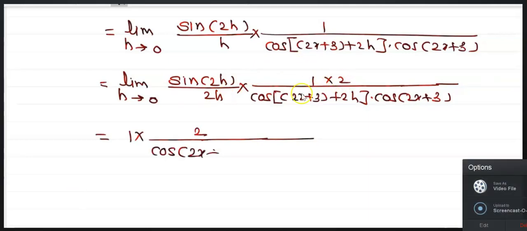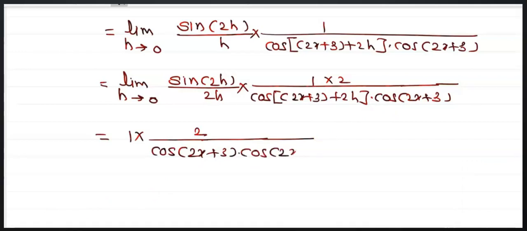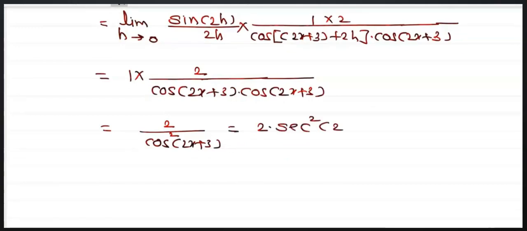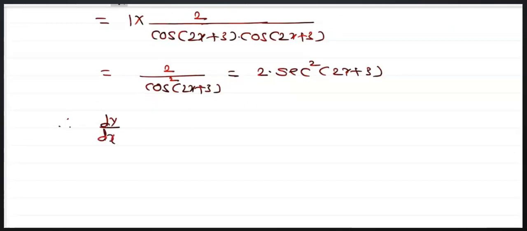As h tends to 0, this 2h becomes 0. Then you will get cos of 2x plus 3 into cos of 2x plus 3. It will become cos square 2x plus 3. And this reciprocal is 2 sec square 2x plus 3. And therefore dy by dx is equal to 2 sec square 2x plus 3.